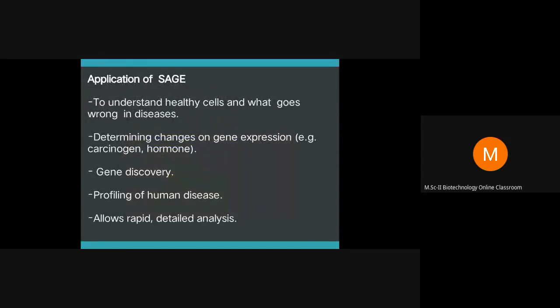Applications of SAGE. First, by comparing different types of cells, it generates profiles that help us understand a healthy cell and what goes wrong in disease. Second, determining changes in gene expression and the consequences of experimental treatment, for example carcinogens and hormones.